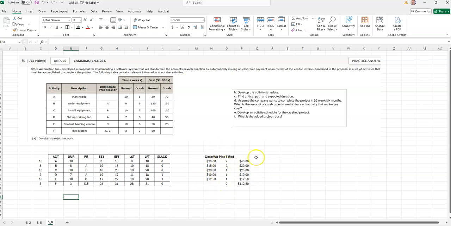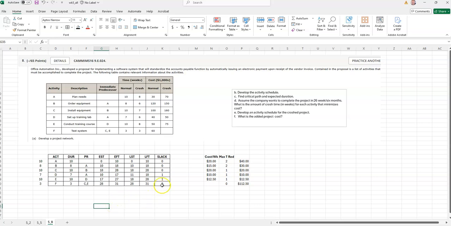Ultimately, you're going to land on using 2 weeks of activity A crash time, 2 weeks of activity B, and so forth, and it looks like it's going to cost you $112,000 to do this.